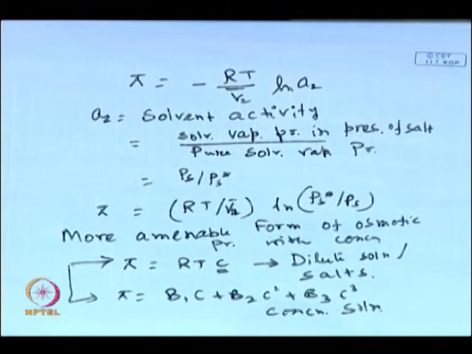Now, once we identified that osmotic pressure becomes a vital parameter in case of reverse osmosis, where the pore size is extremely small, the smallest possible pore size we can talk about in membrane based separation processes. For example, sometimes the pore sizes are so small, 2 to 10 angstrom.